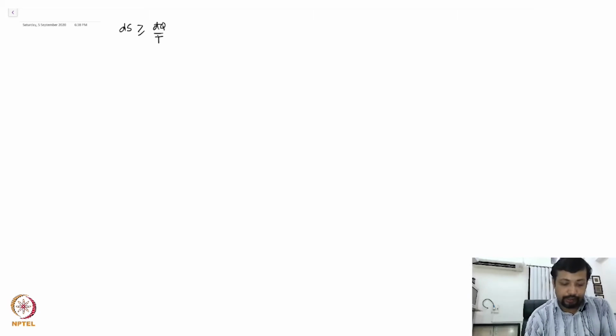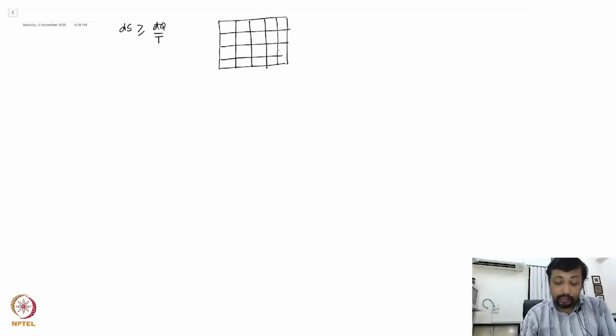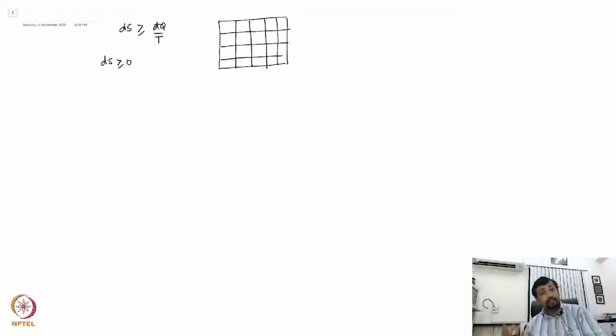So we have seen that dS must be greater than or equal to d cut q by T for any general process. Right? This means that if I have a system which is adiabatically screened, which means there are no possibilities of heat exchanges, and it comprises of subsystems which are in equilibrium themselves and are brought together, then since there is no heat exchange possible, any spontaneous change within itself can only lead to a maximization of the entropy.